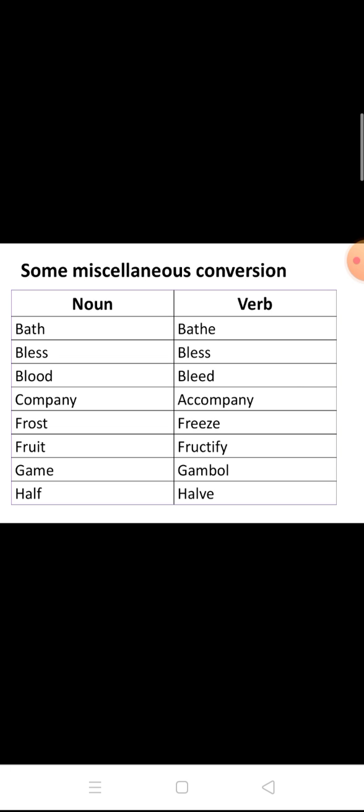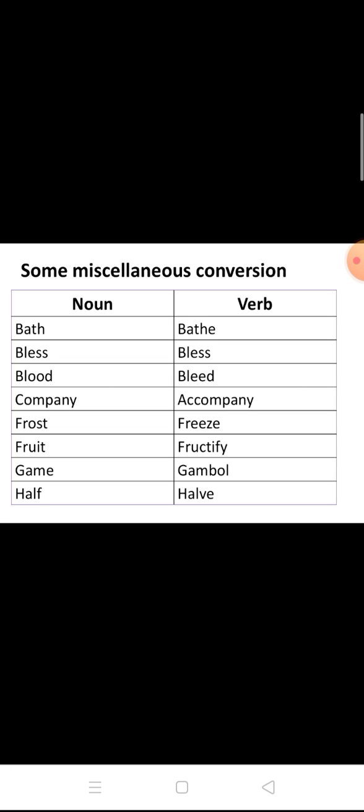From noun to verb, it just got one more letter, that is e, and it becomes a verb. Bless will remain same, bless. Blood becomes bleed. Company becomes accompany. Frost becomes freeze. Fruit becomes fructify. Game becomes gamble. And half becomes halve.